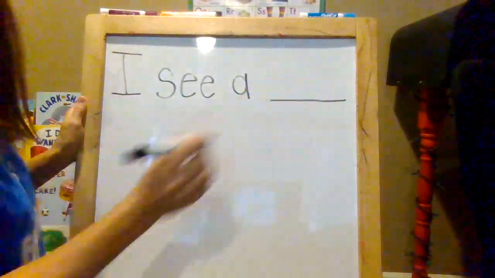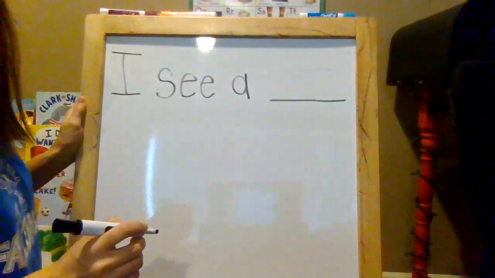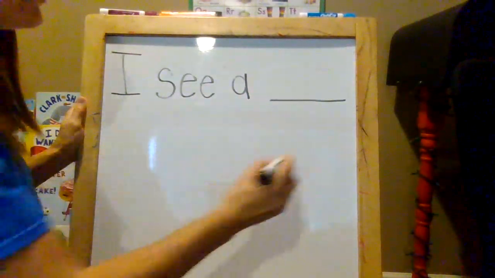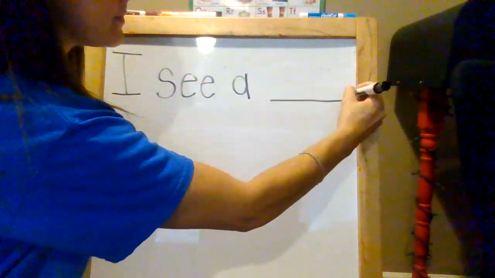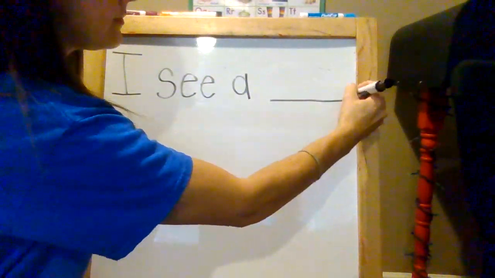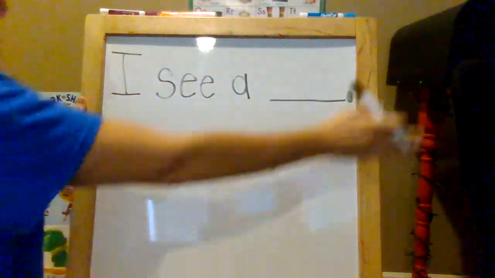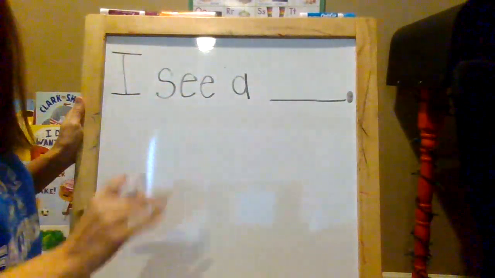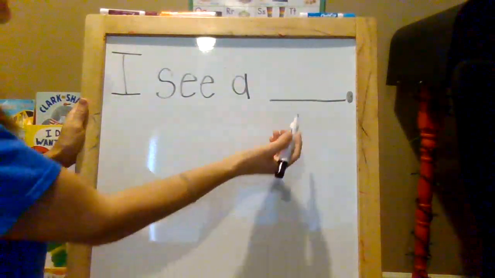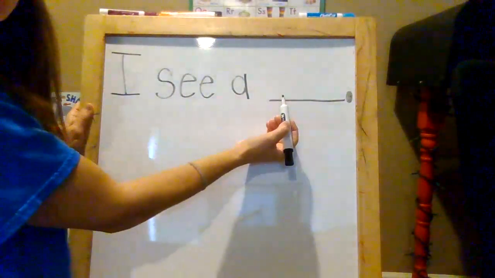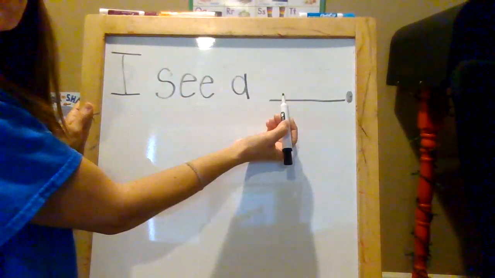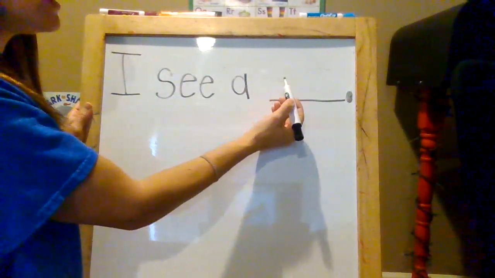You are going to decide what animal you want to write. Don't forget an ending mark. And you can draw a picture of your animal down here or on the side, wherever it fits for you. If you're trying to write bunny, you're going to listen to the word bunny and try to write it.